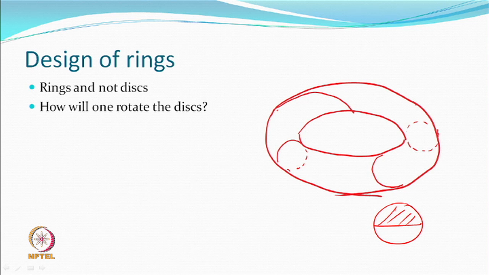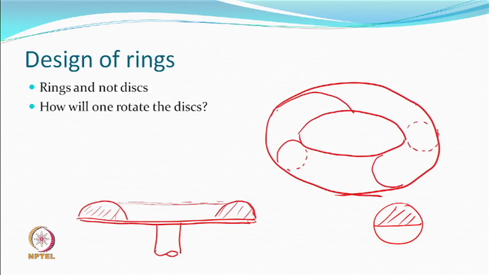So, instead of having a full torus ring, you have a half torus ring, and what do you do? You fix it on another rigid body, like this.